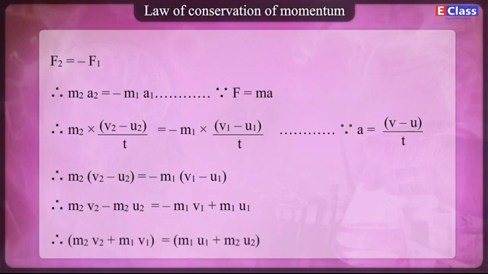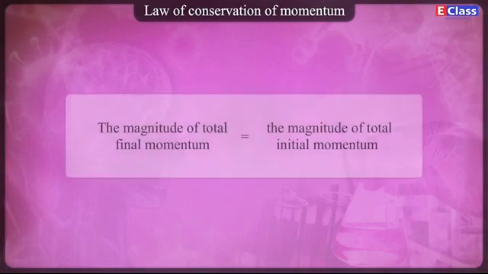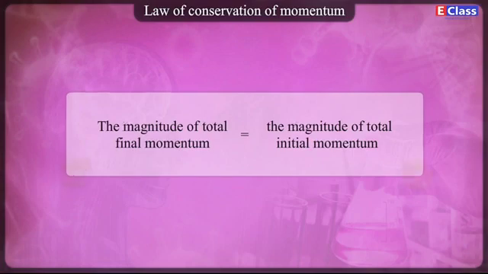Therefore, m2 v2 plus m1 v1 is equal to m1 u1 plus m2 u2. The magnitude of total final momentum is equal to the magnitude of total initial momentum.